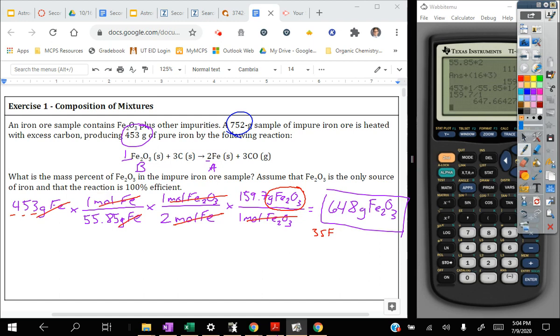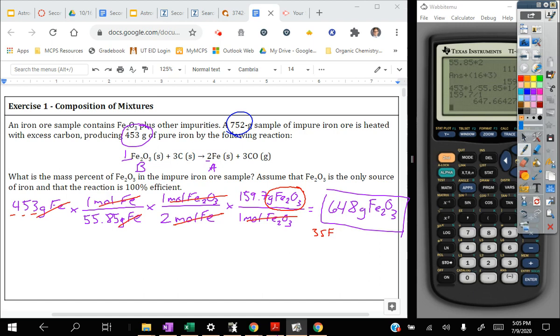When we're looking at an ore, or mass percent of an ore, it's a very similar idea, but instead of the percent by mass of an element within a compound, we're doing the percent by mass of a compound within an entire sample. So really the process is the same. It's just that the context of how we're solving the problem shifts from elements to compounds.